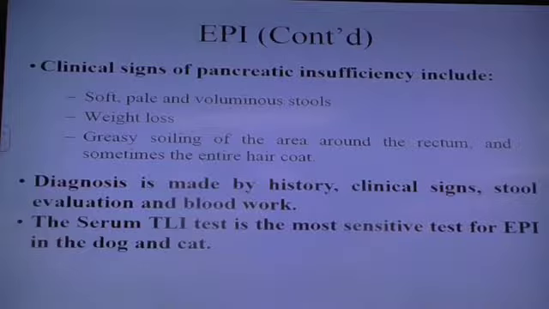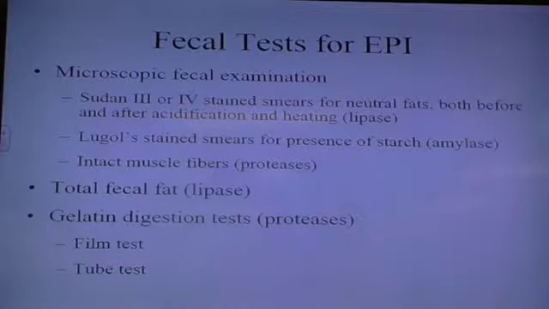It's not as well established in the cat, but it does work, okay? Now, you also can do some fecal tests. And you can use these fecal tests both for determining if you have exocrine pancreatic insufficiency or if you determine that you're getting malabsorption. Okay? So basically, you can do several things. What's Sudan 3 stain?